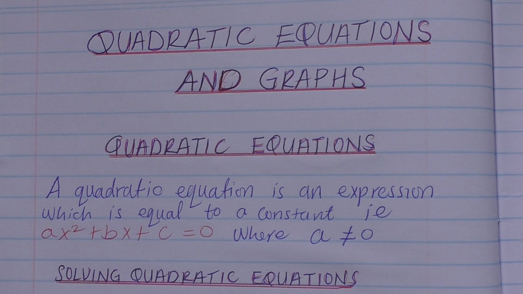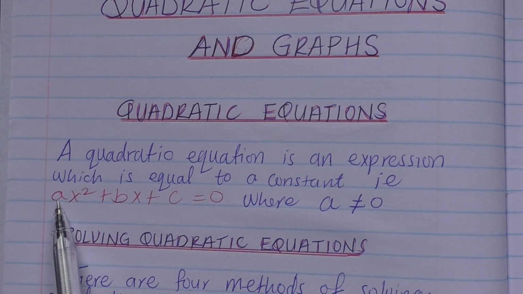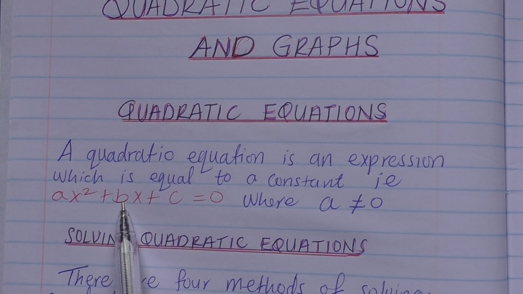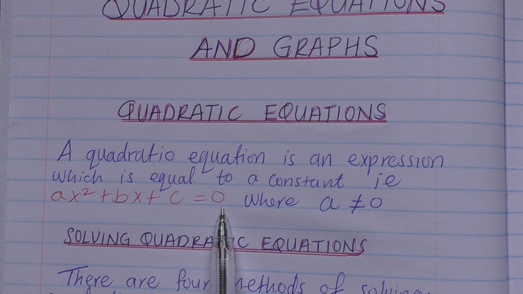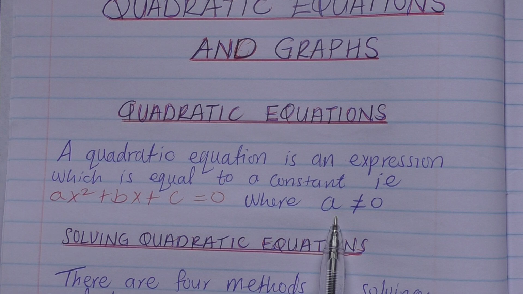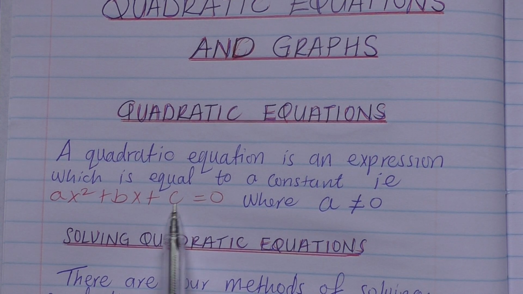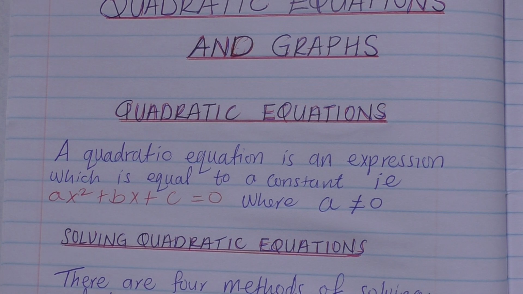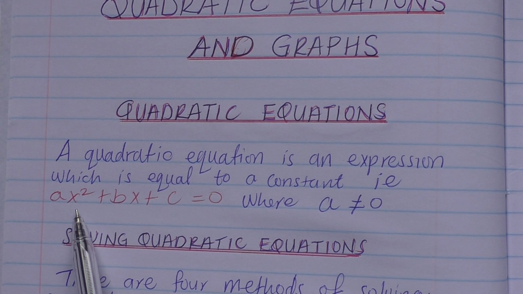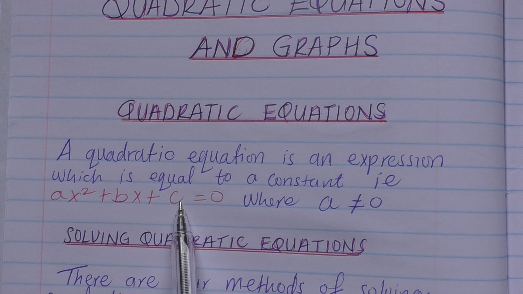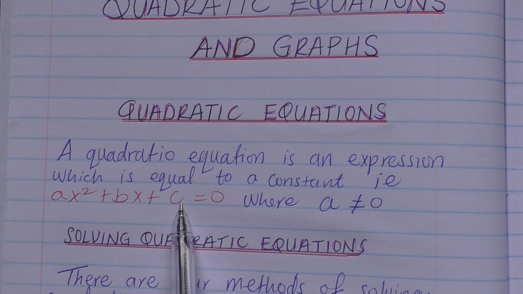A quadratic equation is defined as an expression which is equal to a constant, and the general equation is given as ax squared plus bx plus c equaling to 0, where a is not 0 and a, b, c are constants. Then x is our variable. So any equation in this form is what we call a quadratic equation.